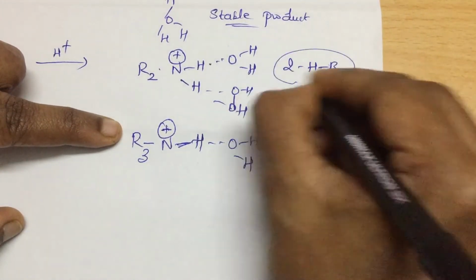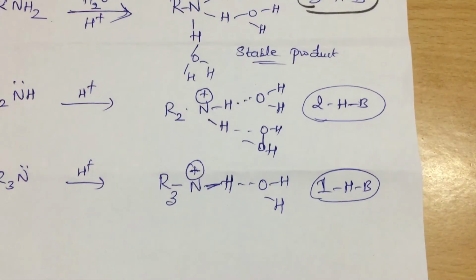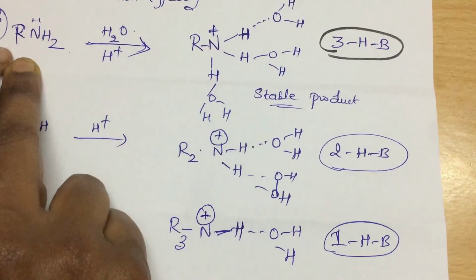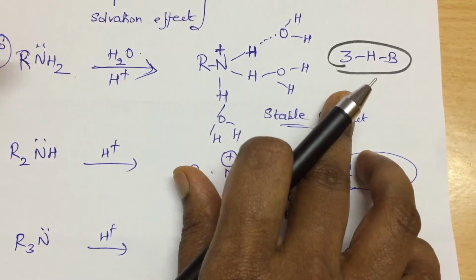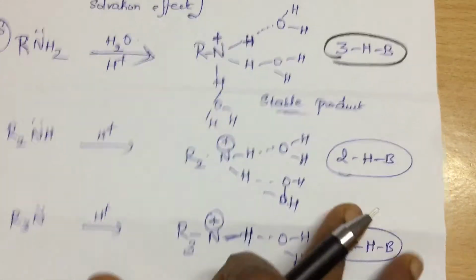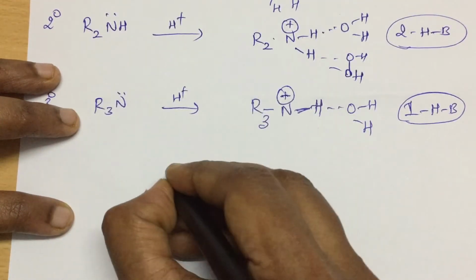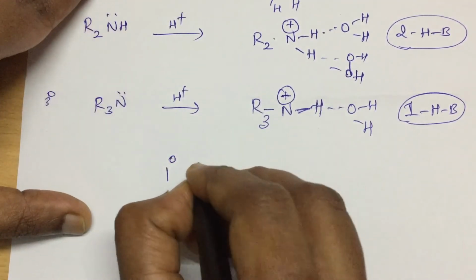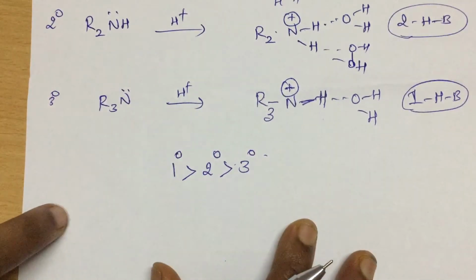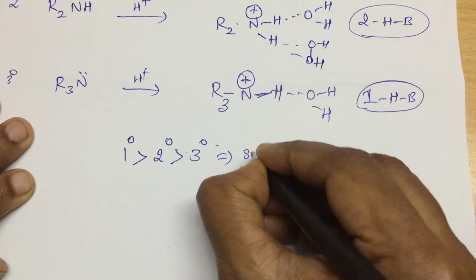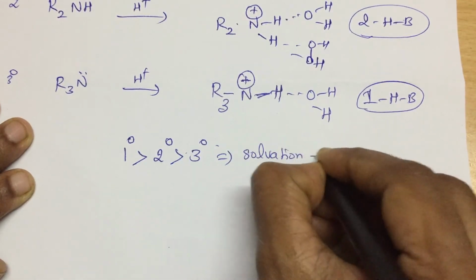So where the hydrogen bonding is more, which compound is very much stabilized? The product which came from the primary amine is more stabilized. So according to this solvation effect, which is more reactive? Your primary amine is more reactive than your secondary, then your tertiary. So this is according to the solvation or hydration effect.